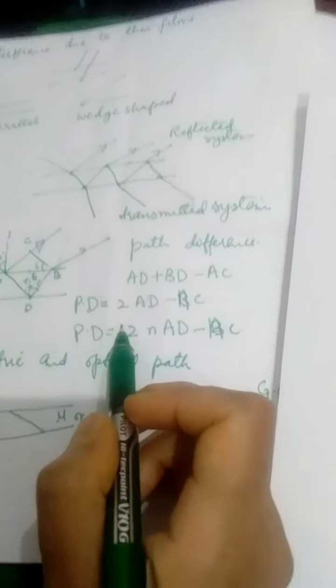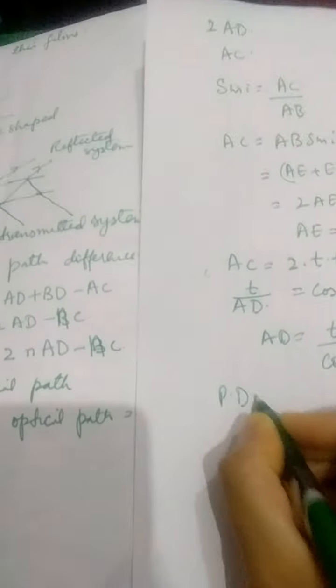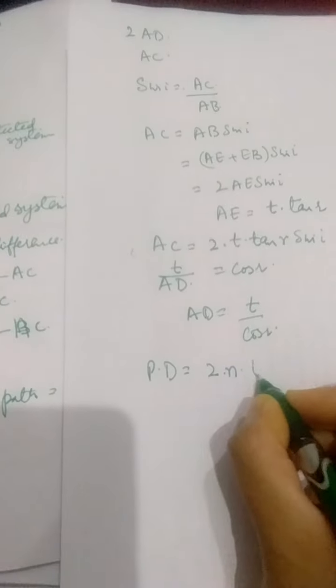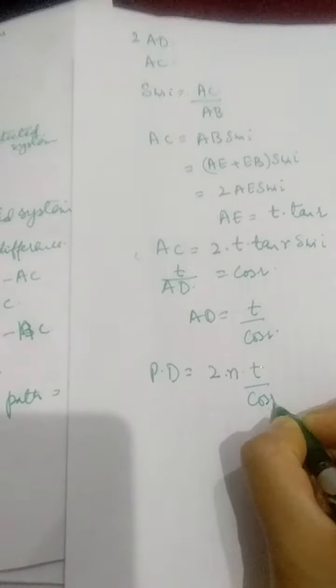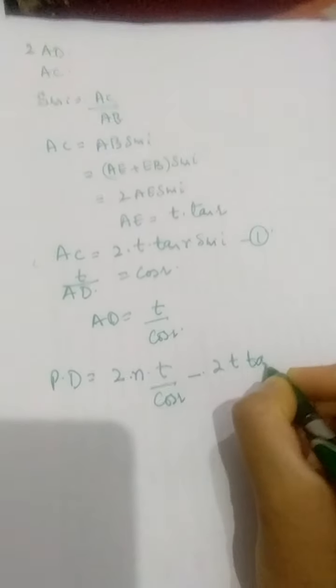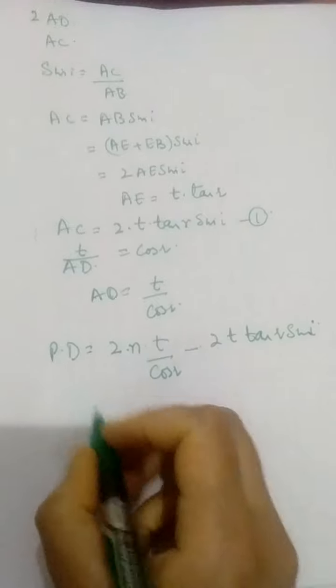So you are done with whatever was required. What was required was this, that path difference is twice AD minus AC, and you have found that. So path difference is equal to twice n times what is AD, that is t by cos r, minus AC, you have found that is 2t tan r sine i, right?